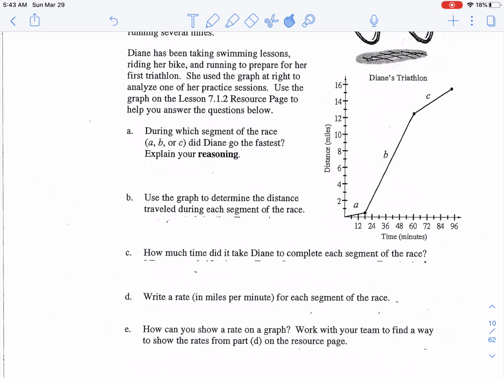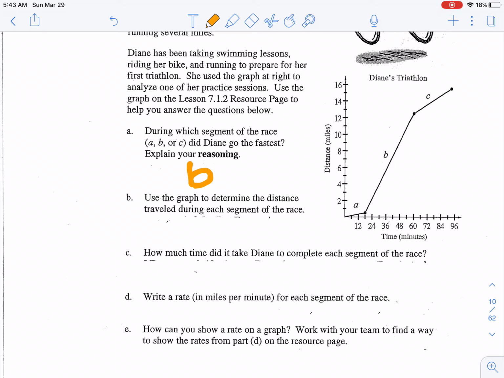Where did she travel the farthest amount in the shortest amount of time? I'm hoping you're saying that B is the segment where she traveled the fastest, in the shortest amount of time.